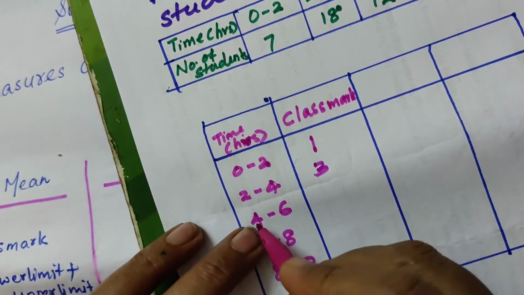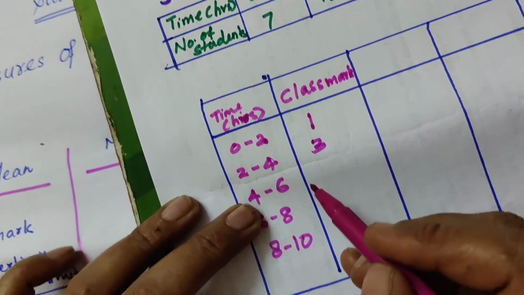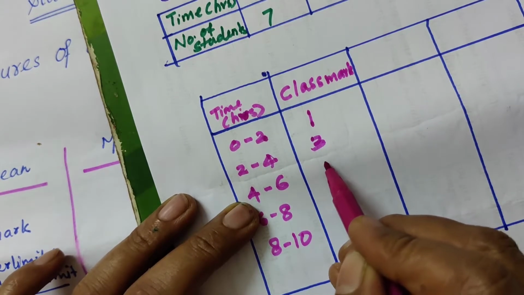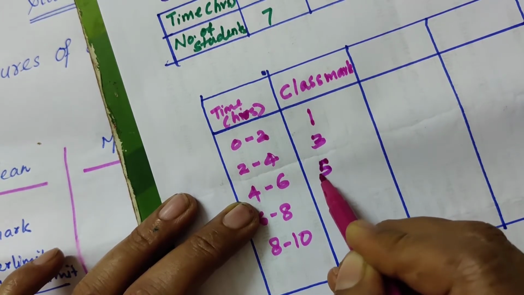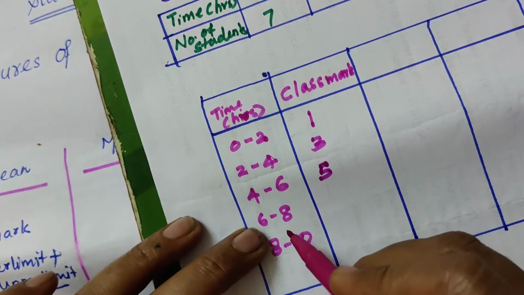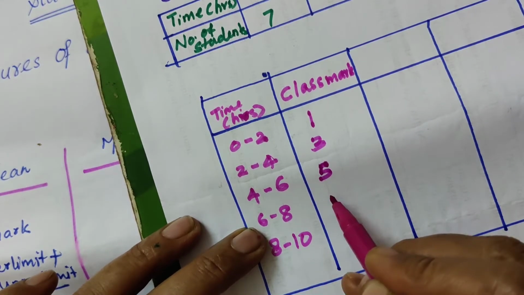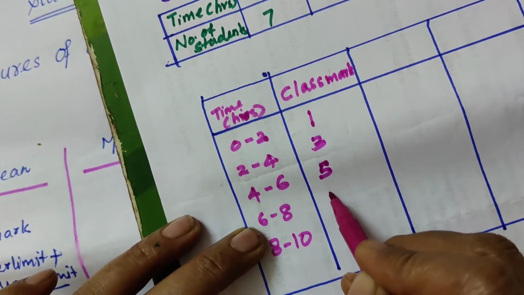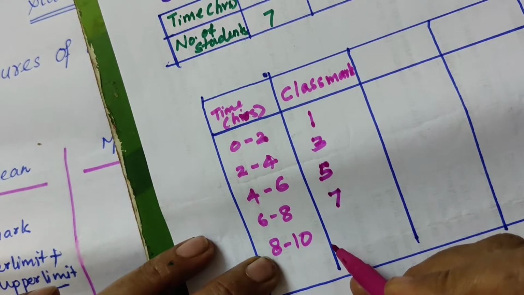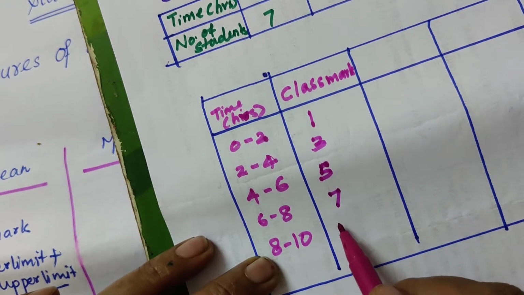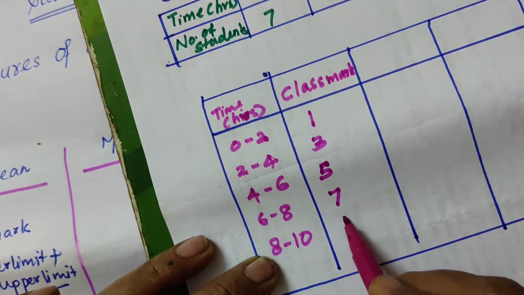Then 4 plus 6 is 10, divided by 2, 5. 6 to 8: 6 plus 8 is 14, divided by 2 is 7. 8 to 10: 8 plus 10 is 18, divided by 2 is 9.